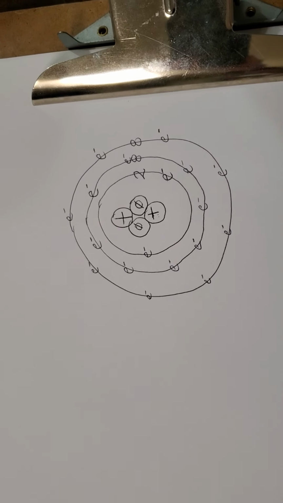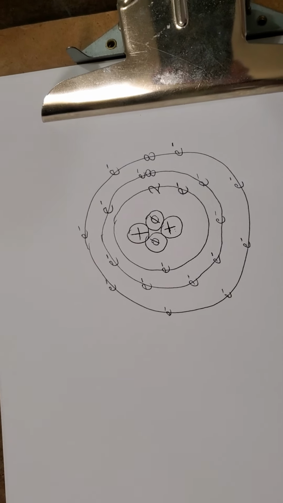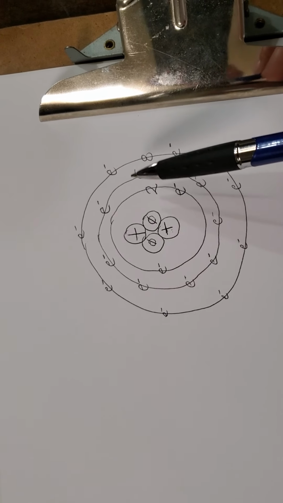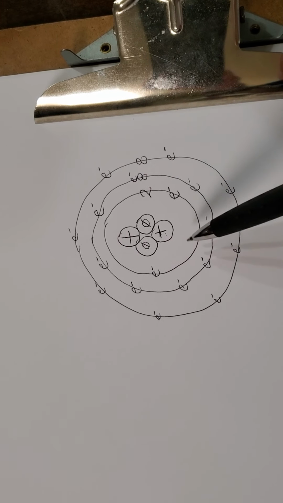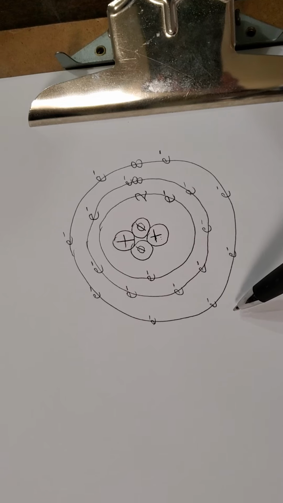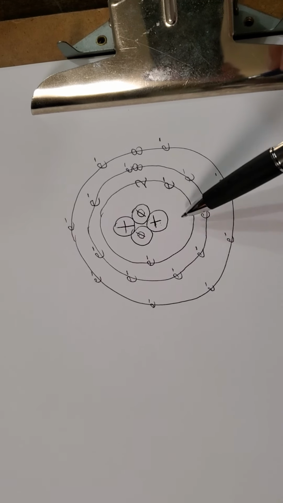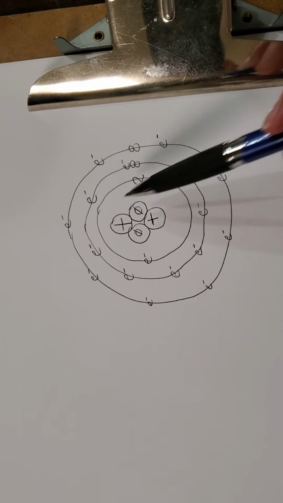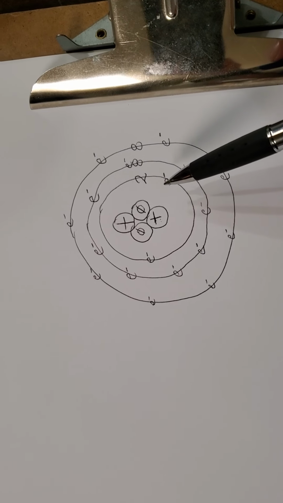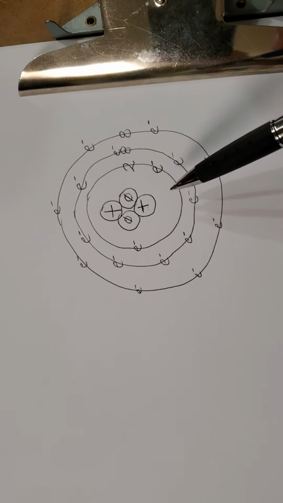Okay. So, with that said, are we always going to have all 3 shells for every single atom? Absolutely not. Okay. So, with that said, we're going to look at how many of each we will have.